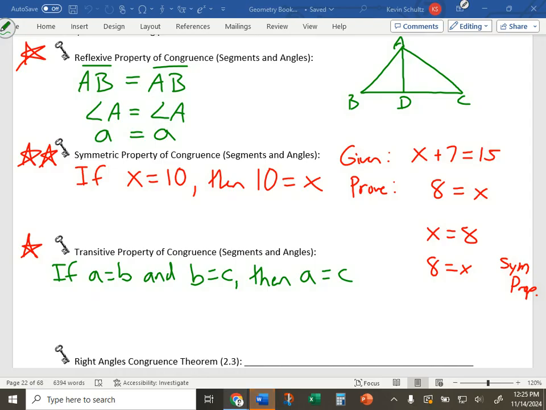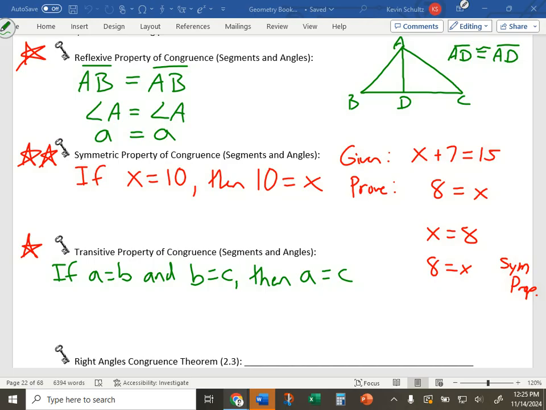But if you were to prove these two triangles are congruent, you could say that segment AD is congruent to segment AD. Because AD is one segment, but it's part of both triangles. When proving triangles are congruent, you're trying to get three pairs of corresponding parts to be congruent. One of those corresponding parts could be this shared side, but you have to name it. This is one of the three corresponding parts. Okay. So there's your thing.